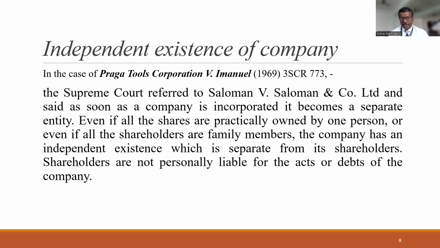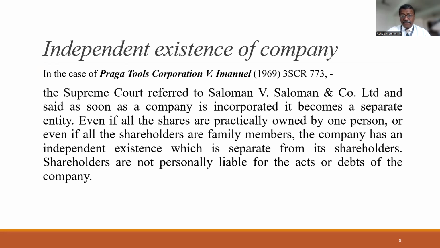There is a ruling that is always quoted, Solomon versus Solomon and Company, about the independent existence of a company. Initially we said the company has got its own existence. It's an entity by itself. So if you are a creditor, you cannot claim it from the person in the company.